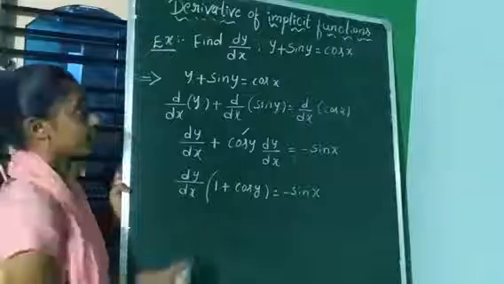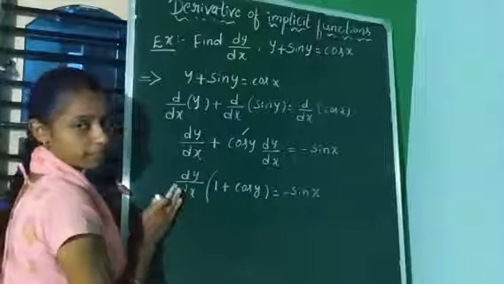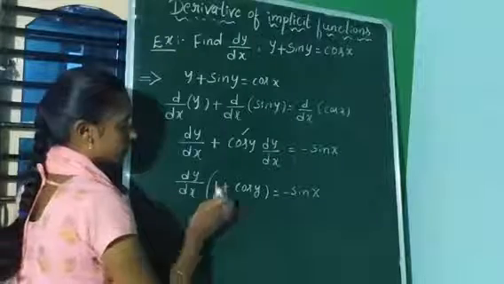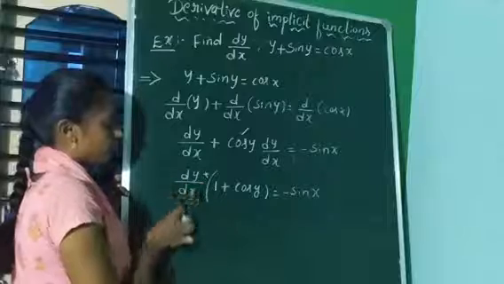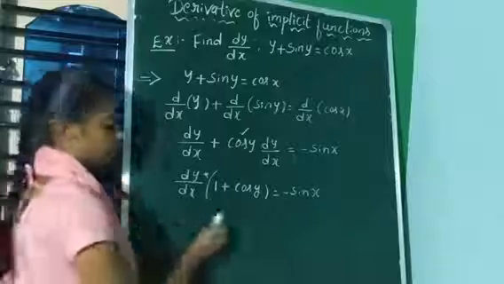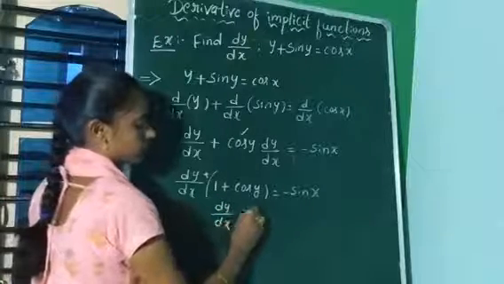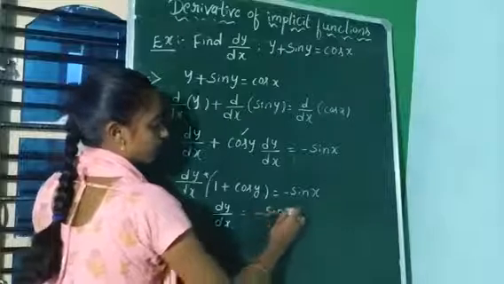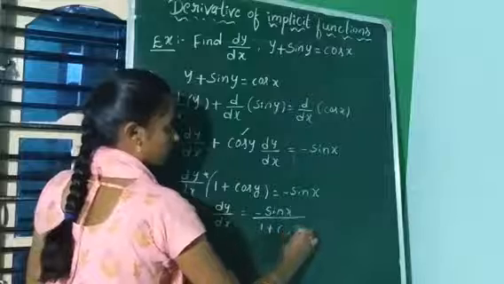What we need to find is only dy by dx, so keep dy by dx here. Now these two are in product form, so the second term goes to the denominator. Therefore, dy by dx is equal to minus sin x divided by 1 plus cos y.